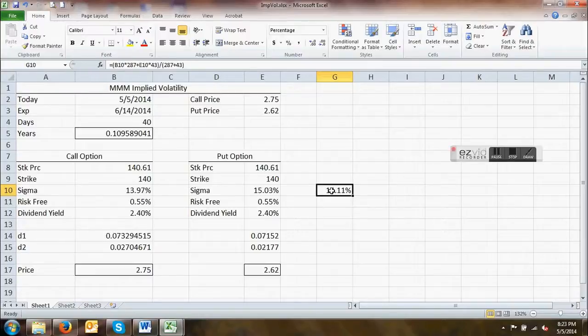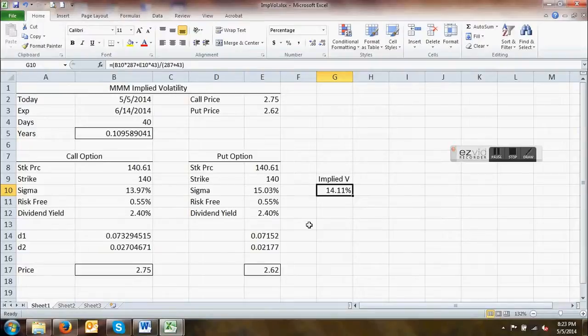What I want you to see is how accurate or inaccurate this measure of implied volatility is in fact going to be. So that's part one of the project.